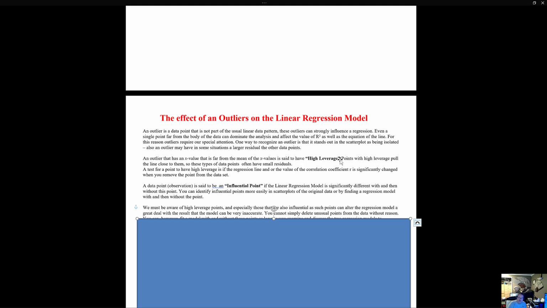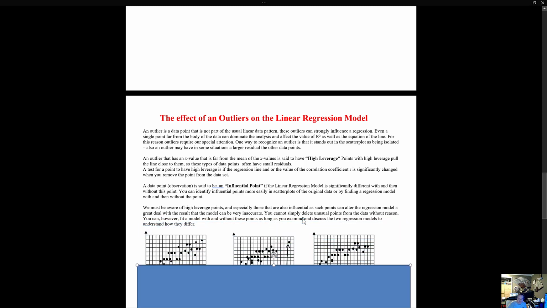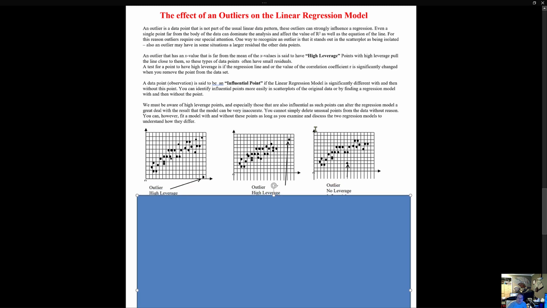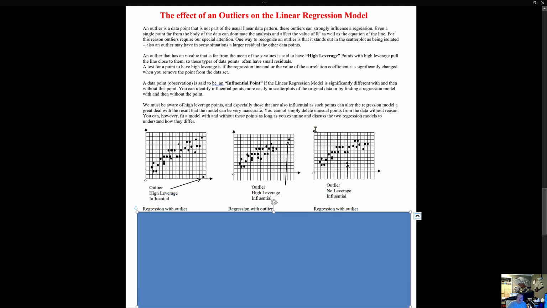And then secondly, it can have the effect of changing the equation of the line of best fit in some significant way. What we have here are some examples of linear regression lines with one outlier. So you can imagine this is the main mass of the data, and then you've got one outlier here.